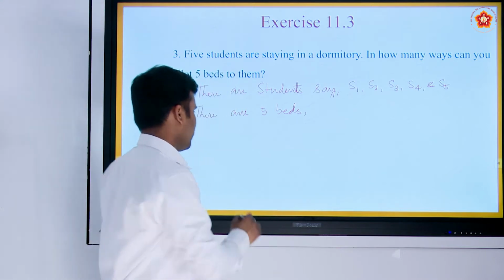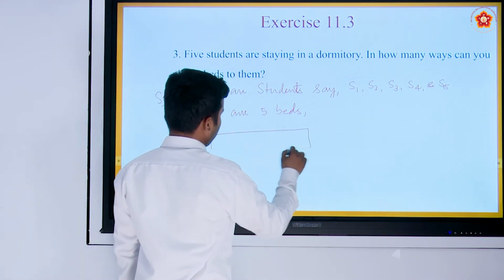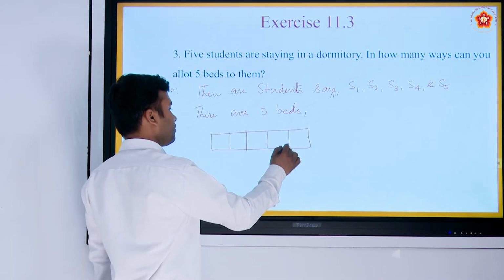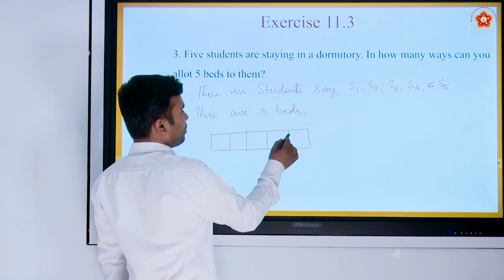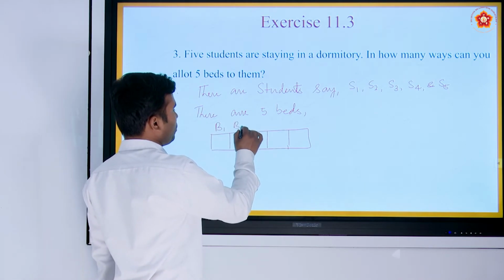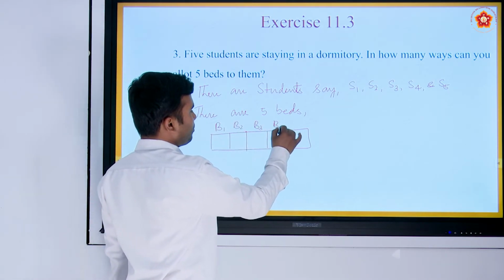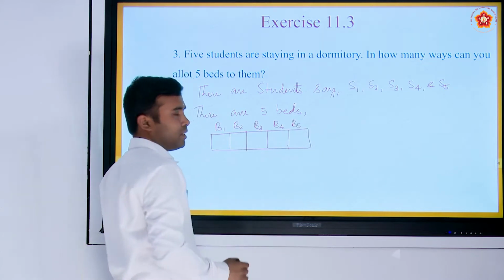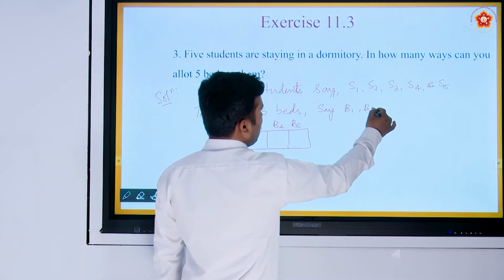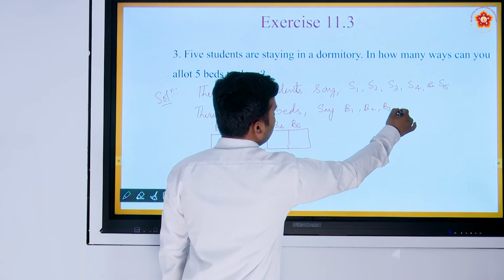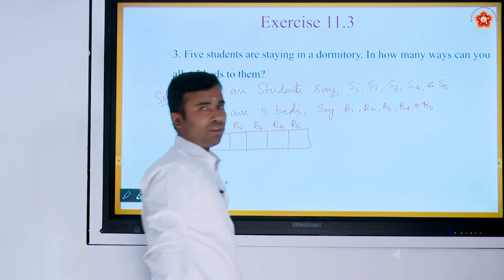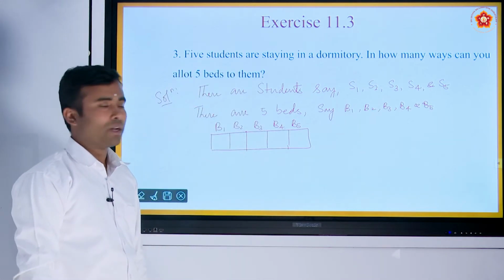I can call them bed 1, bed 2, bed 3, bed 4 and bed 5, or B1, B2, B3, B4, B5. So there will be 5 beds as well as 5 students here.